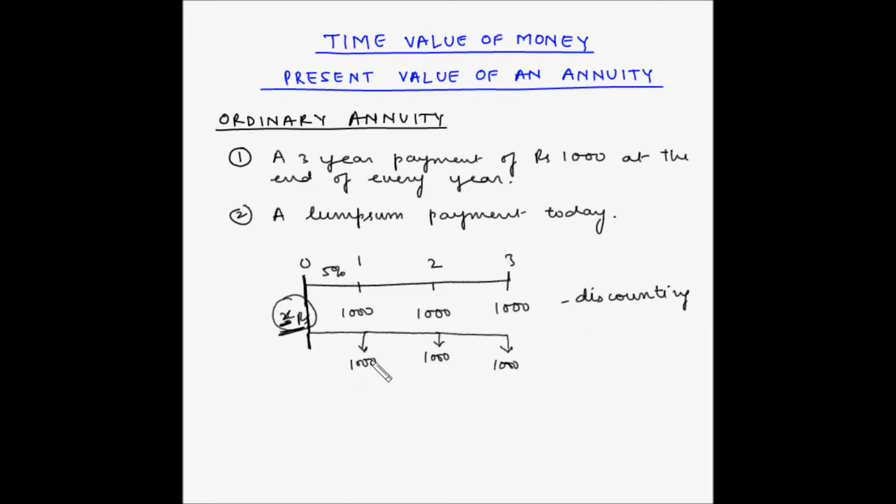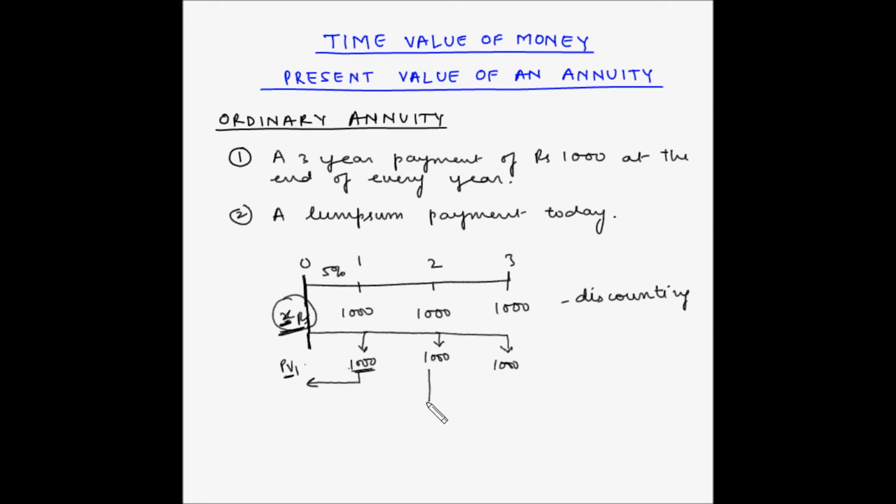So basically what we are going to find is what is the value of PV1 which at 5% will get converted into 1000 rupees at the end of 1 year. So what is the current value of this 1000 rupees in 1 year period at 5% interest?